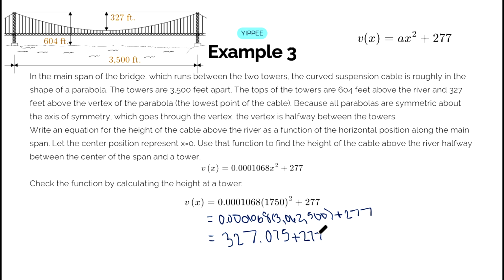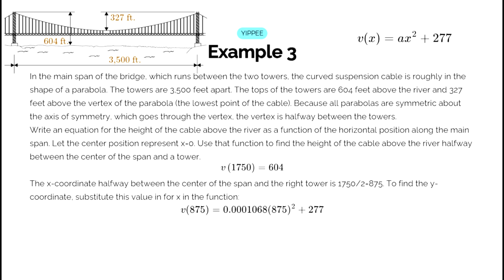So we'll add those two together, which is going to give us 604.075. So what that's saying is the height of the tower is 604.75 feet. Is that right? Yep. There we go.